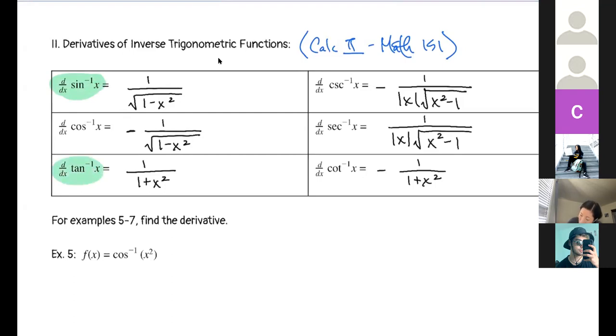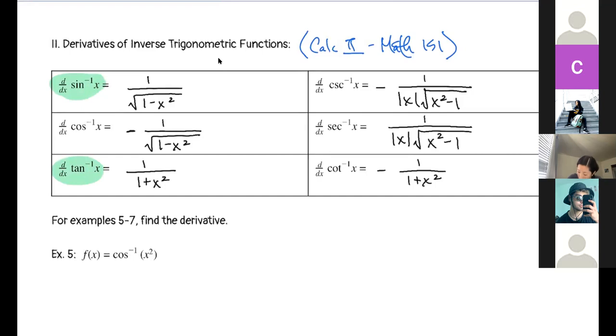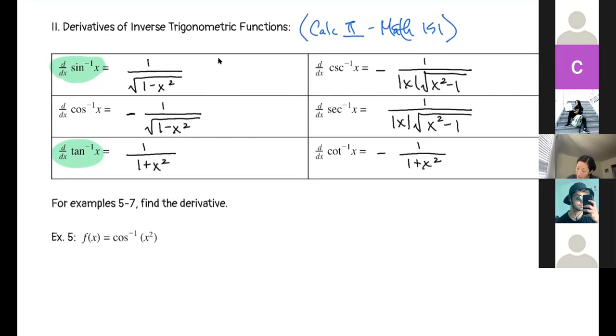This one comes up a lot. The other 4, not so much. Okay, so inverse sine and inverse tangent come up a lot. The other ones less frequently. Okay, but you'll be using those not with derivatives, but with antiderivatives. Okay, so keep that in mind.